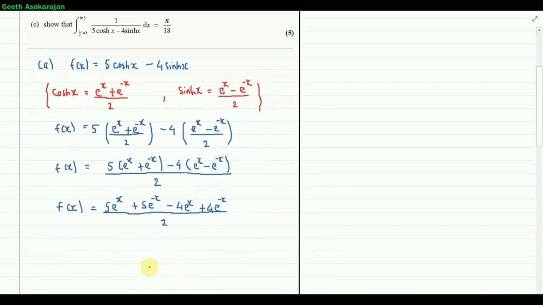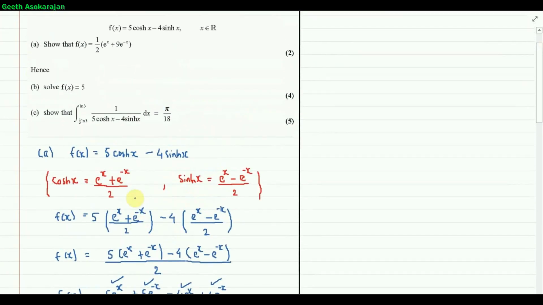And if I scroll down a little, let's simplify by adding the like terms on the top. I have 5e to the x minus 4e to the x, so that is 1e to the x, or simply e to the x, and 5e to the minus x plus 4e to the minus x is plus 9e to the minus x, all divided by the 2 below.